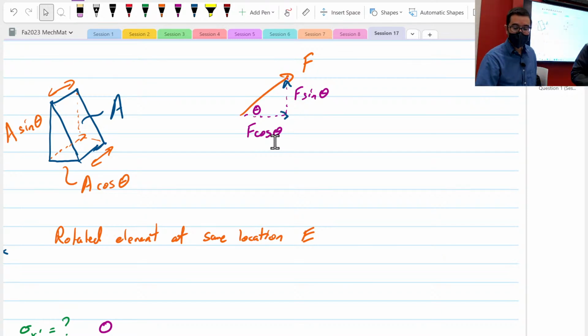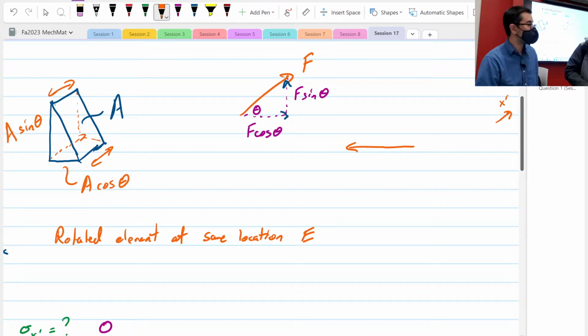When you're drawing these vectors out, let's say it's in this direction, but I know that the x prime is in that direction.